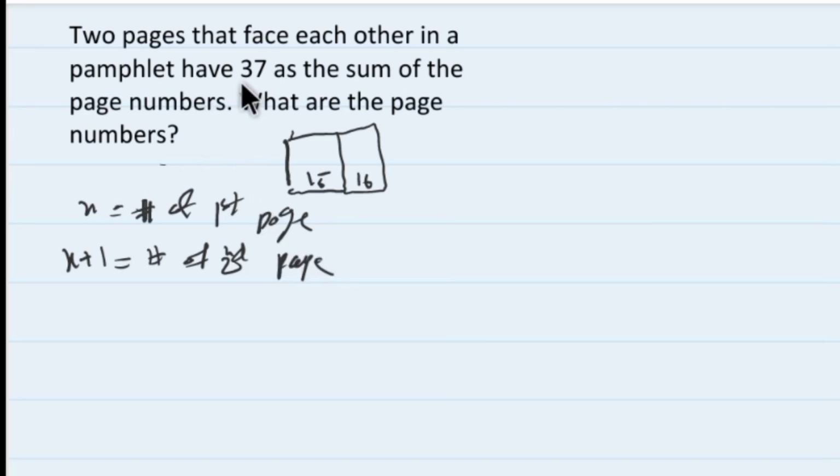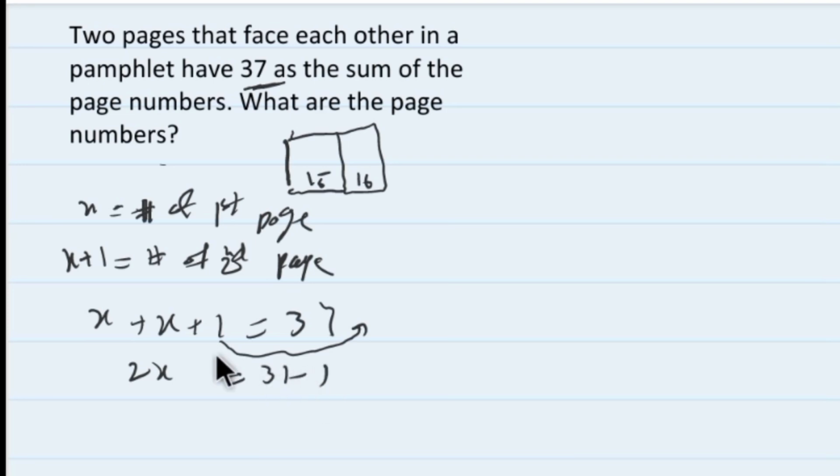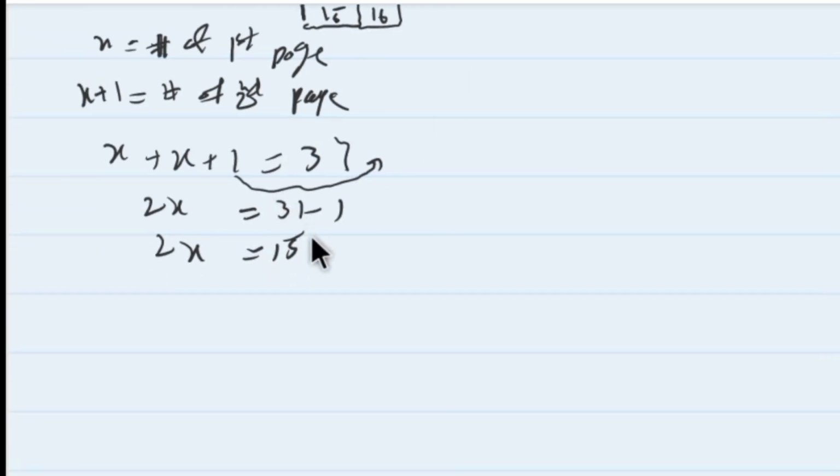It says their sum is 37. Now we write it as an equation. If one number is x, then x plus x plus 1 is 37. We simplify it: x plus x is 2x, and we move 1 to the other side to isolate x, and its sign changes to minus. So 2x is equal to 37 minus 1, that is 36. Sorry, it's 36.